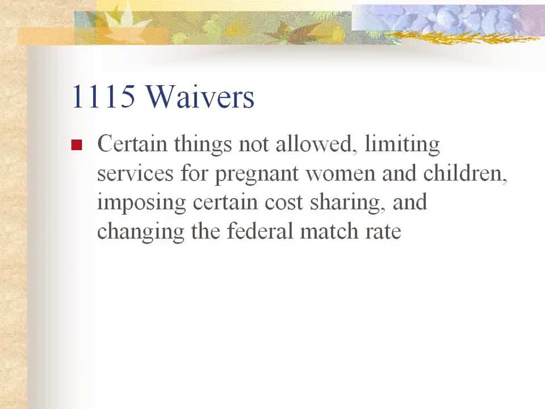The Medicaid rules are very clear about services for children, and they can't be altered to any great degree, and imposing certain cost sharing and changing the federal match rate. So we can't apply for a waiver to change our match rate from 50% to something else. It is what it is.